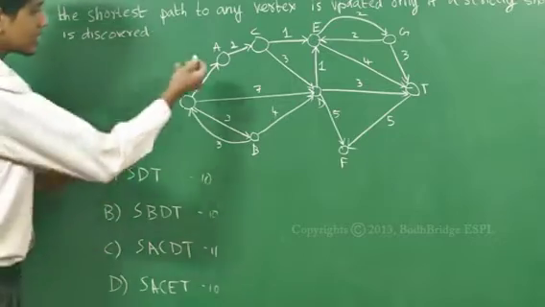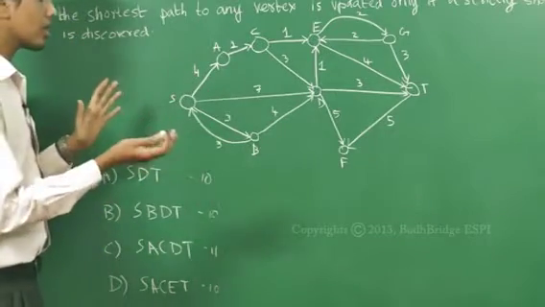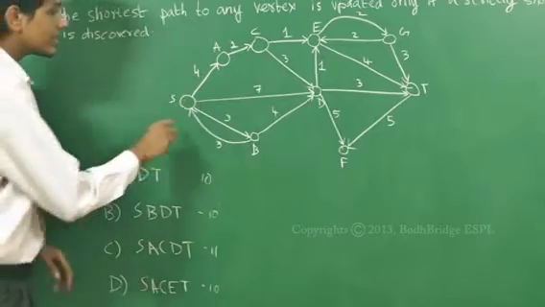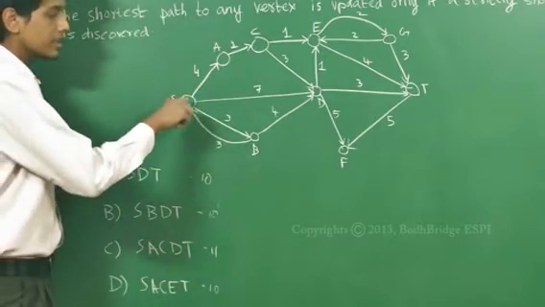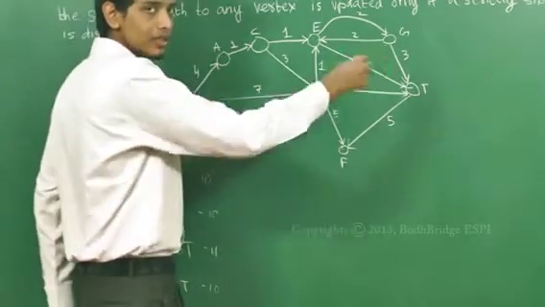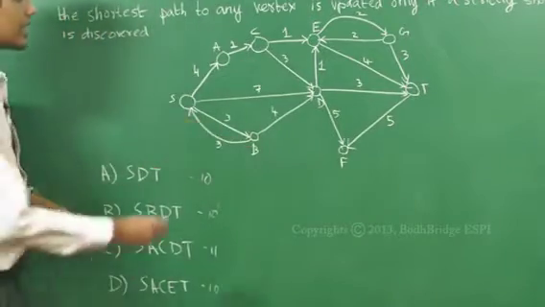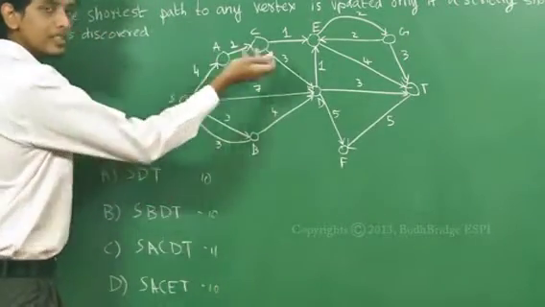Now in Dijkstra's algorithm, you follow the concept of discovered vertices. Initially you know only the distance from S to itself. The distance from S to every other vertex is infinity. So next you update the neighbors and you set S as their predecessor.